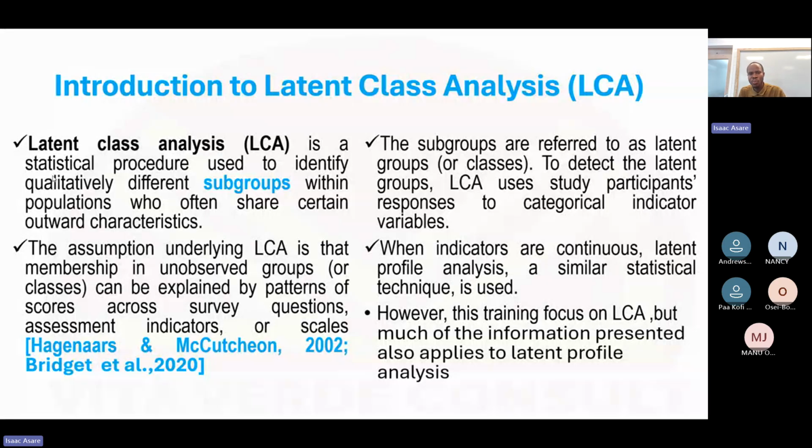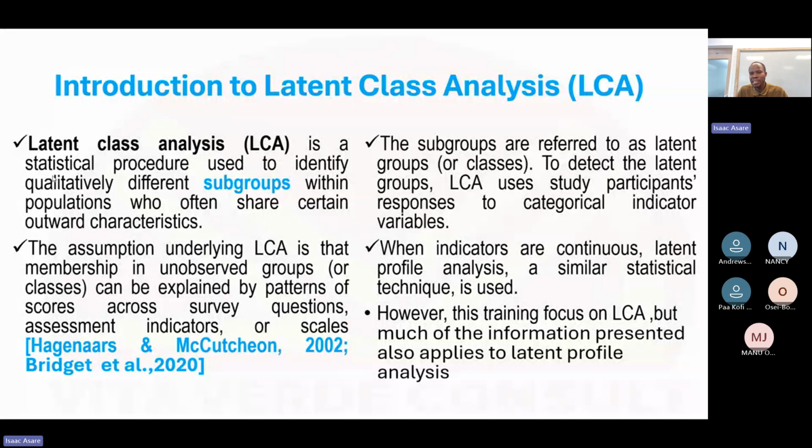We know when it is used, and we know the type of variables that should be used, right? If you have categorical variables, it is more appropriate. And if it is continuous, you need to use the other one, that is the latent profile analysis.